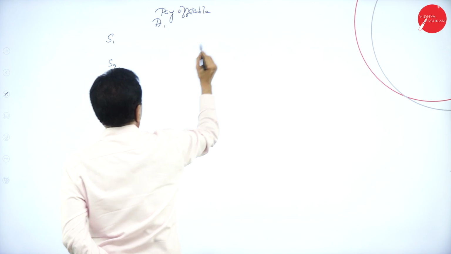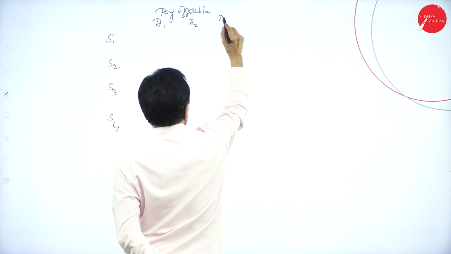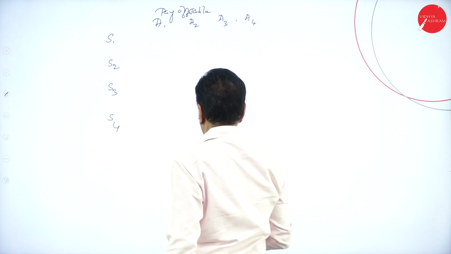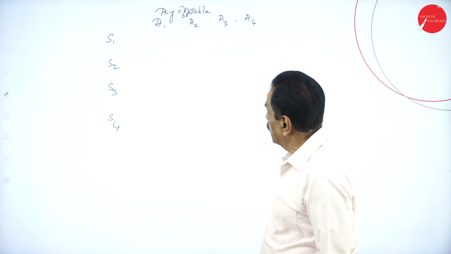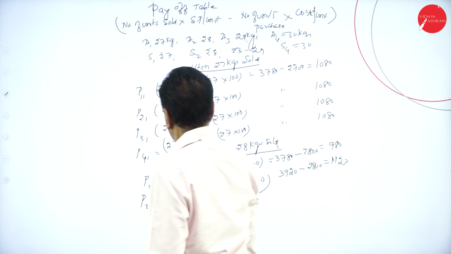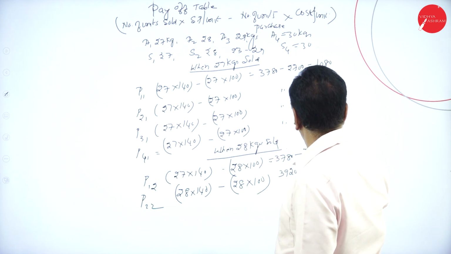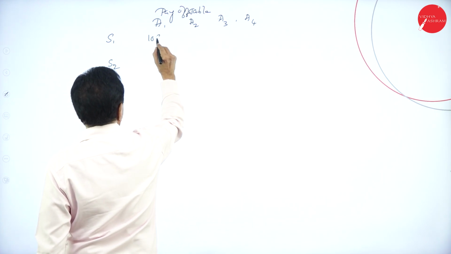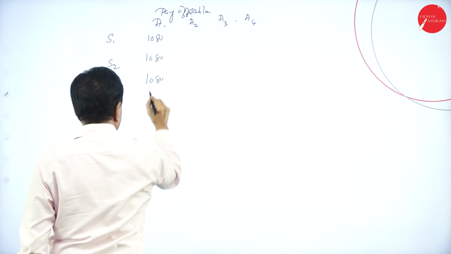Alternatives A1, A2, A3, A4. You write it now. First one. When 27 kgs, 1080, all 1080. This is the answer of A1.